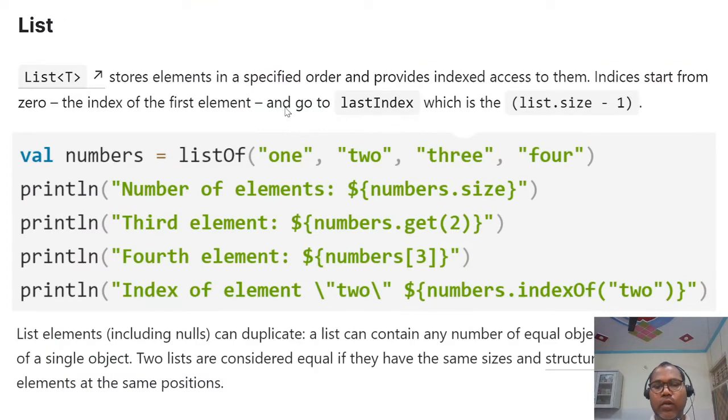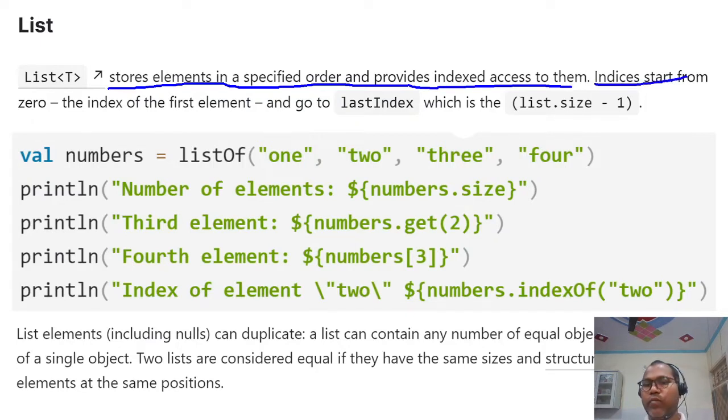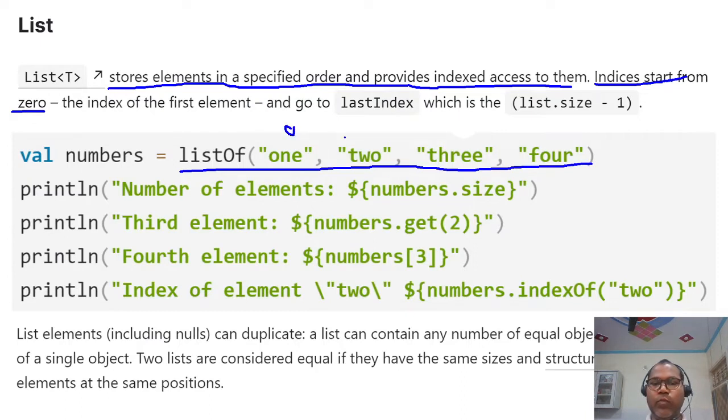A list stores elements in a specific order and provides an index to access items. Indexes start from 0 to length minus 1. Let's say this is the list of 1, 2, 3, 4: this is position 0, position 1, position 2, position 3. So you can get the value at any index.